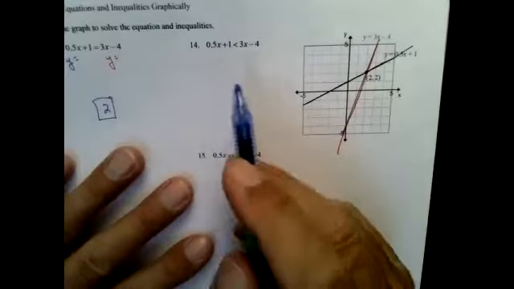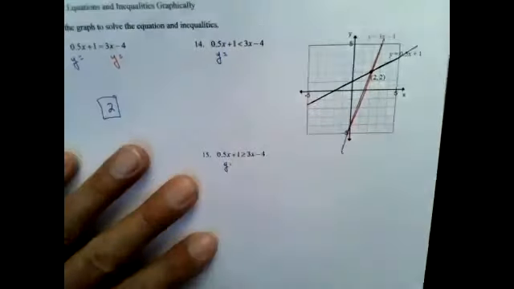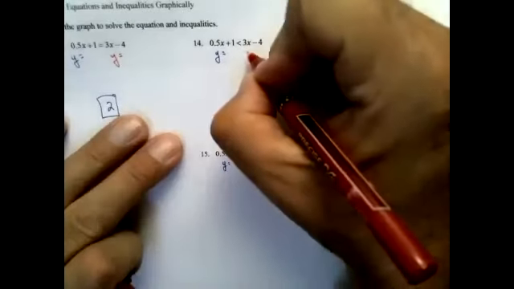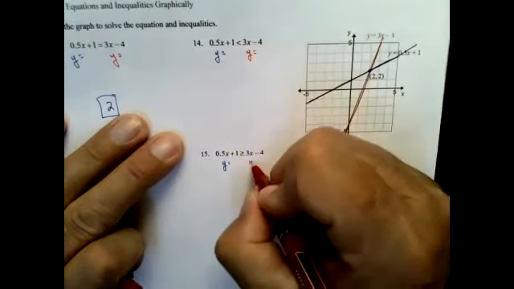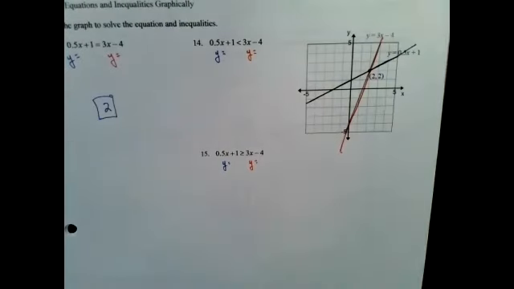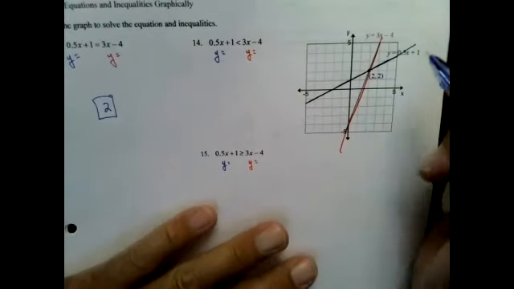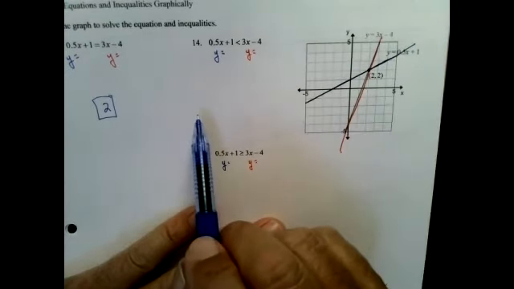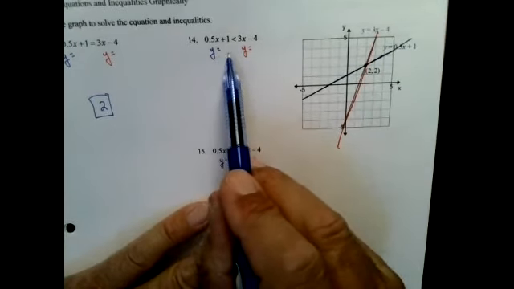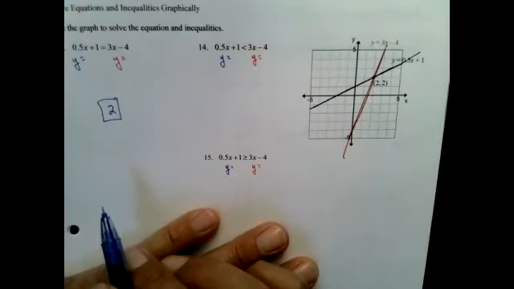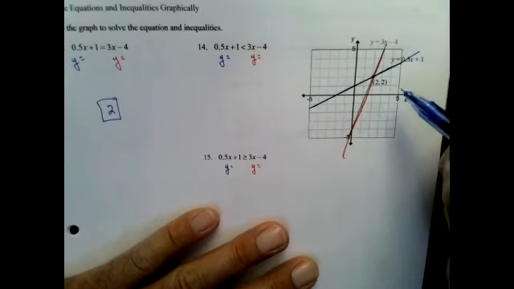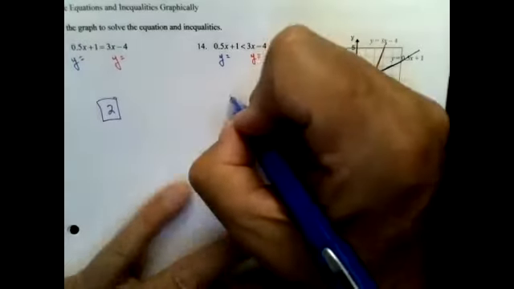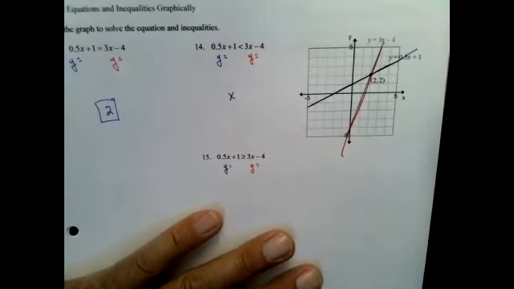When are the blue line's y values less than the red line's y values? It'd be less than 2 as well.